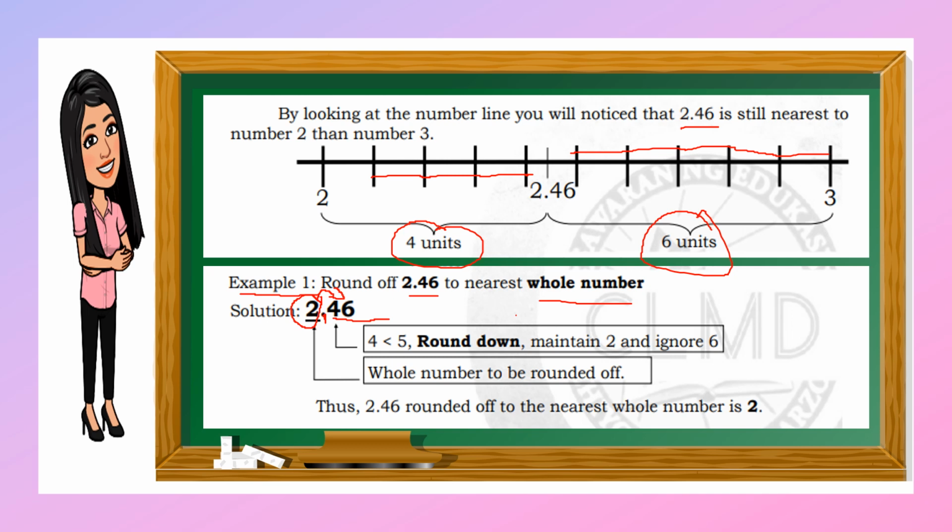So, since ang number na nasa likod ng 2 ay 4, i-maintain natin si 2, no? So, 2 pa rin siya. So, 2 and 46 hundredths rounded off to the nearest whole number will become 2. Since may decimal tayo dito, kahit hindi na natin ilagay yung dalawang 0 doon kasi may tuldok na tayo doon sa hulihan. Okay?